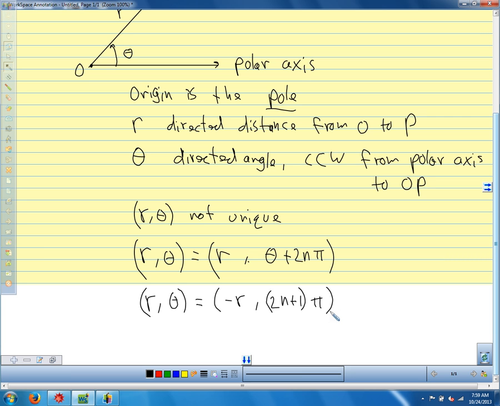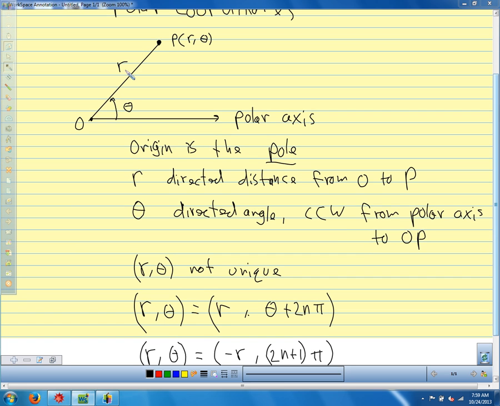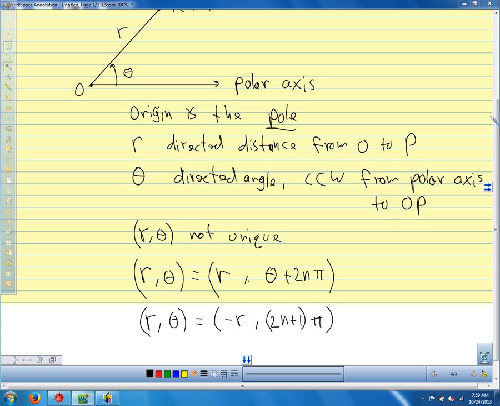So we can rotate 180 degrees and have a negative radius and be at the same place. So if I rotated around from here 180 degrees and said my radius was negative, that would bring me back to that point. So that's what the second one's saying. And the pole is the point (0, theta) for any theta. So if our radius is 0, no matter what our angle is, we're still at the pole.